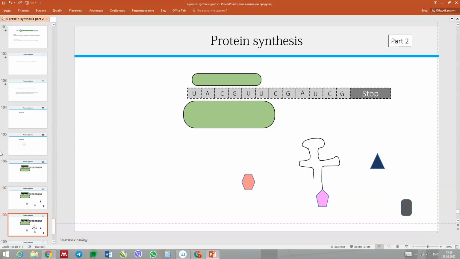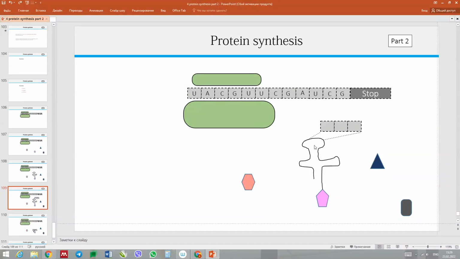An important point is that on top of this transport RNA, there is a special and highly important region that is composed of 3 nucleotides. And this is what we call an anticodon. 3 nucleotides in the messenger RNA represent a triplet or codon. So one triplet or one codon provides us with information about one amino acid.